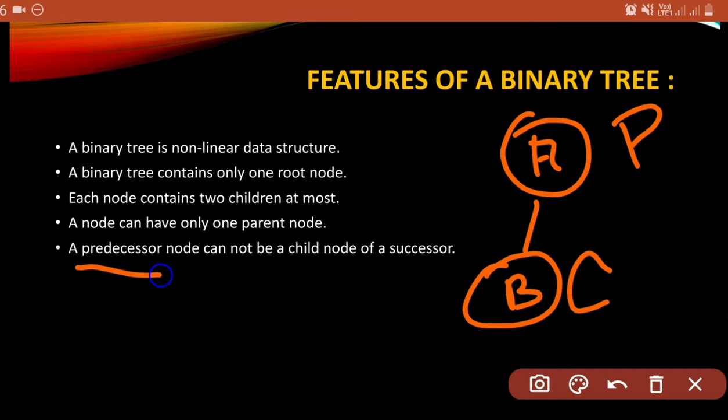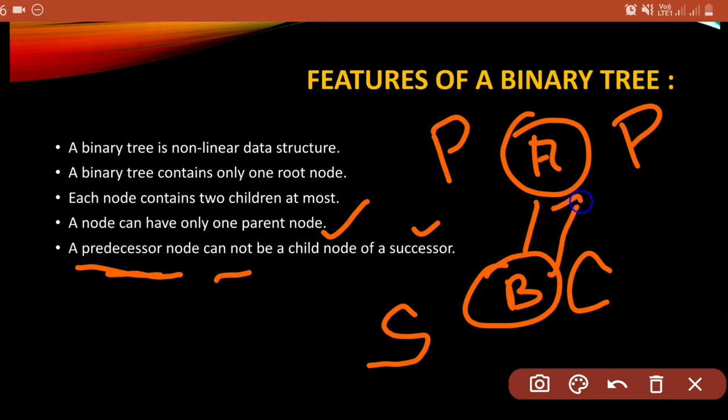Predecessor means this, successor means this. A predecessor node cannot be a child of a successor node. Means we are not supposed to move like this; we have to move like this. A is parent, B is child. A child can't be a parent node for the parent of a given child.